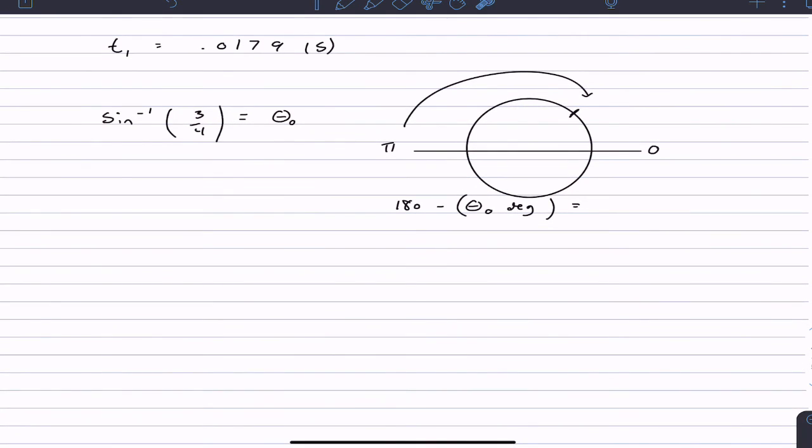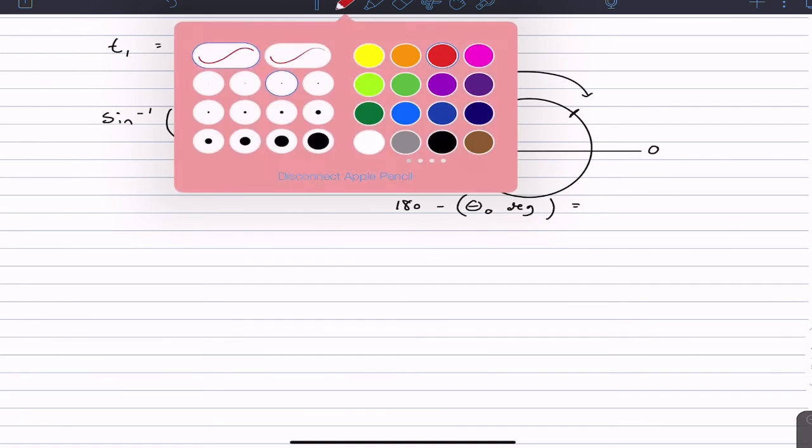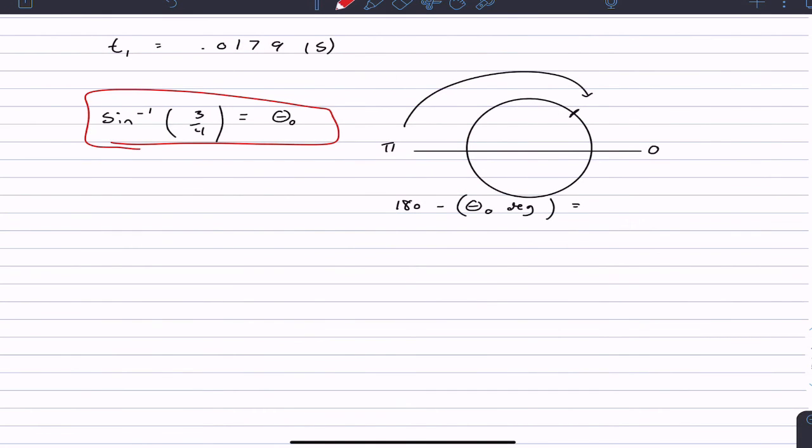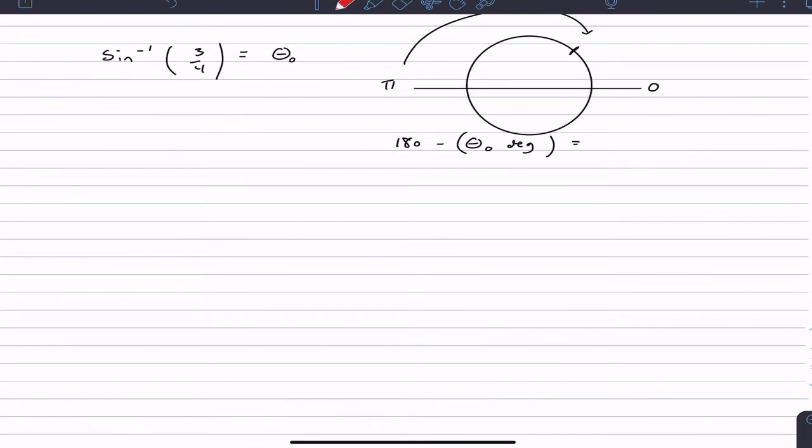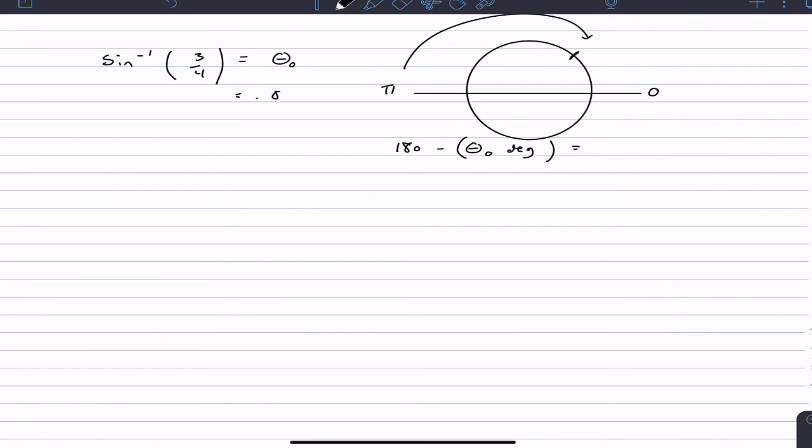Okay, so we found the first time. What I'm saying is that we need to take this value and figure out where this is at. So what is the first position? What does this equal? Here this is going to equal 0.848 radians. So theta naught is equal to 0.848 radians.